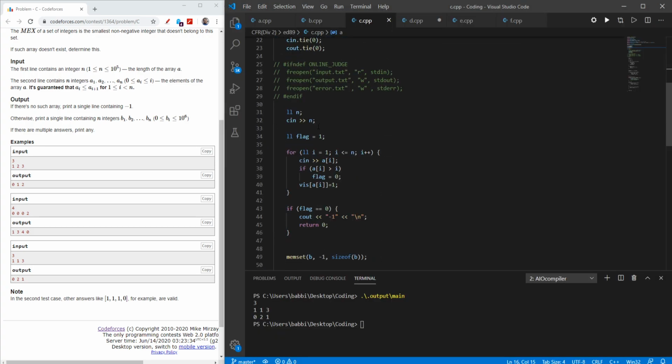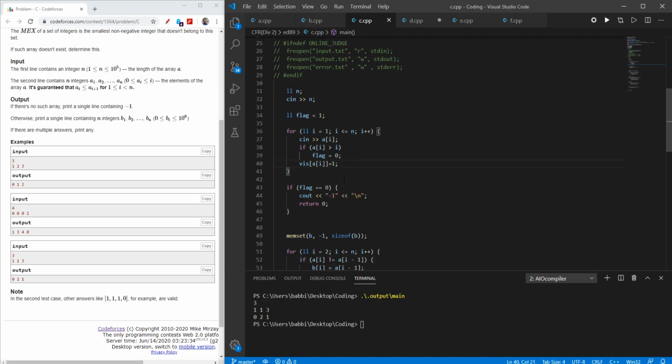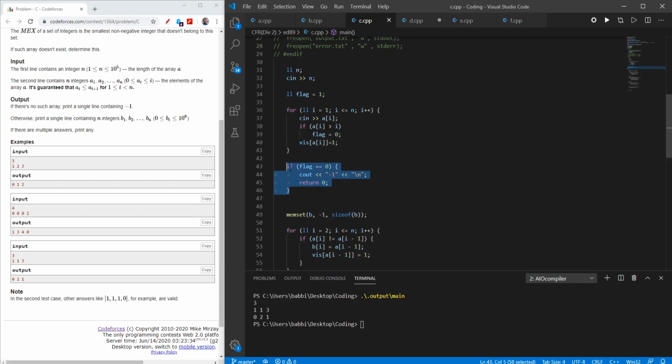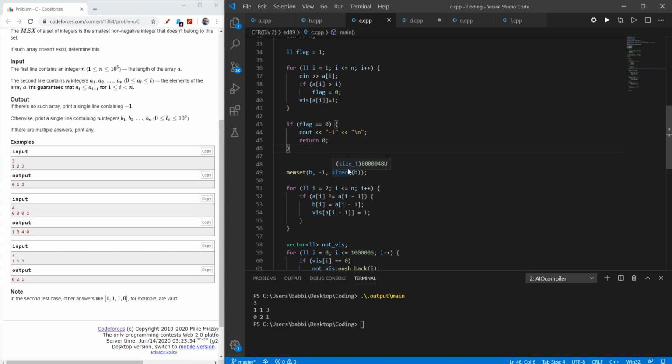So I will first input my array. I will let my flag be 1. Then I input my array. If my a of i is more than the allowed value, I will mark my flag as 0. And simultaneously, I will also mark my a of i as visited for every element. Next, if my flag is 0, as I clearly said, I will mark my answer as -1.